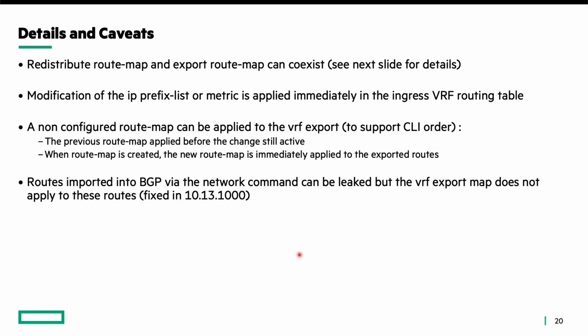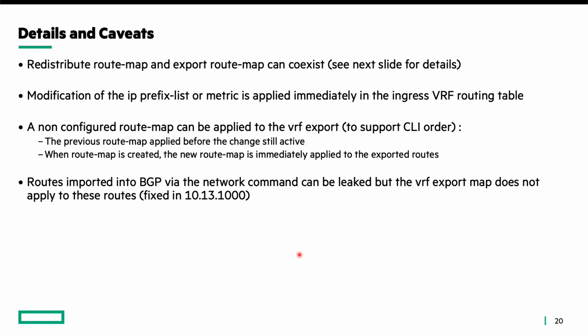We also discovered an issue during some testing that is being fixed in 10.13.1000. As you know, there are different ways to import routes into BGP. The most common is using a redistribute command, redistributing from a routing protocol to BGP. Another way is to apply a network command if you have a route in your route information base.